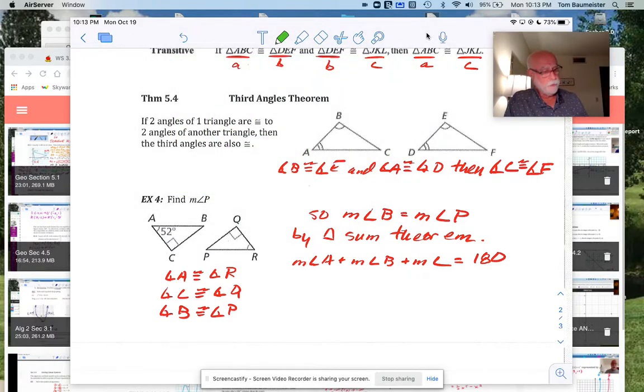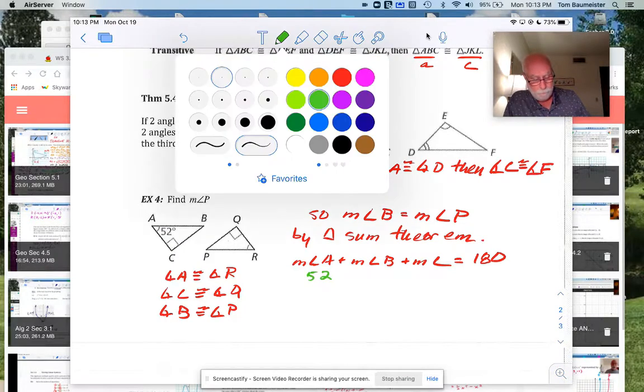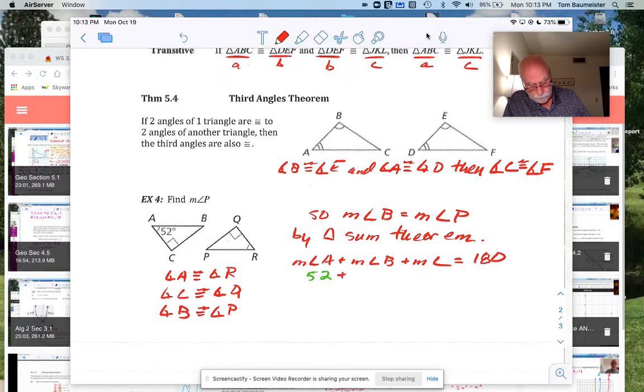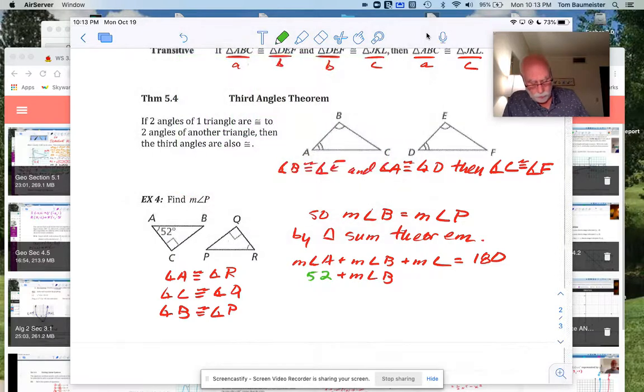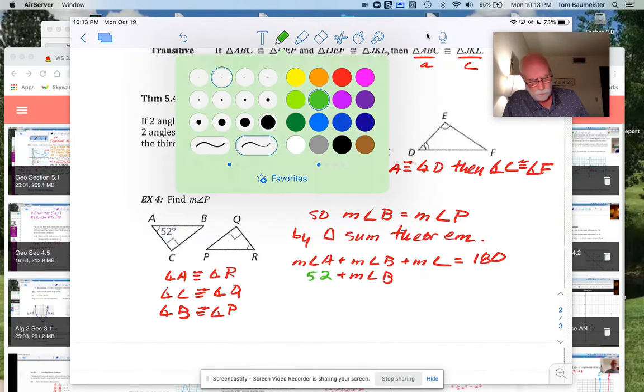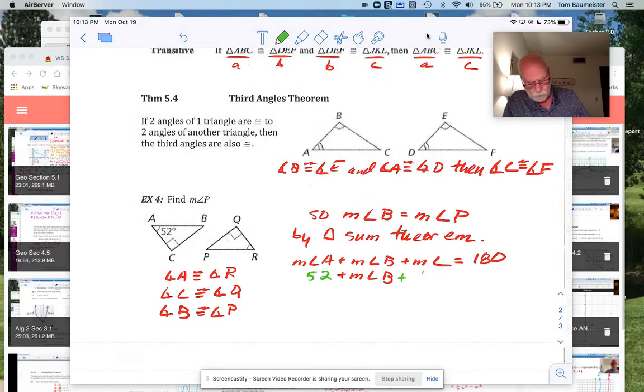We know that the measure of angle A is 52. We know that the measure of angle C is 90 degrees. So again, that would equal 180.